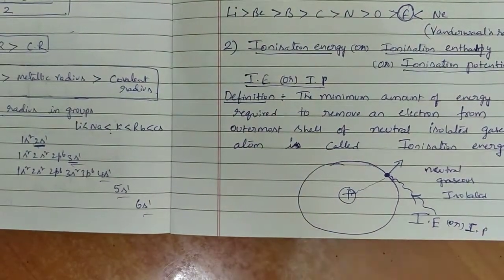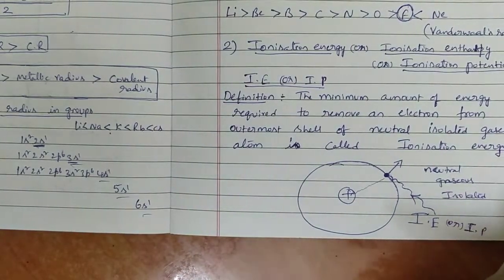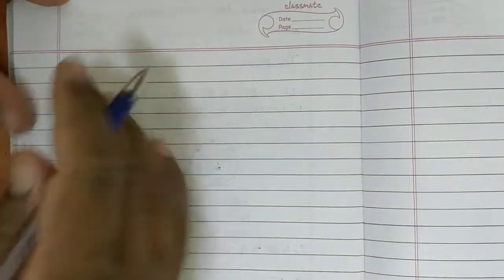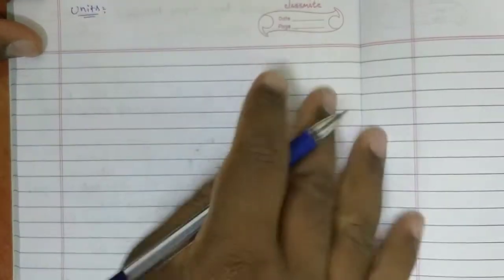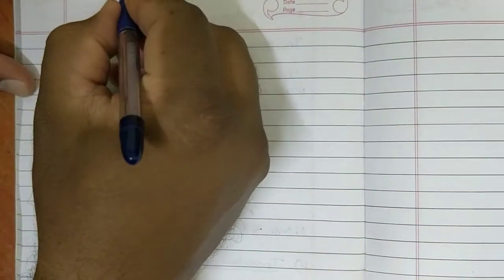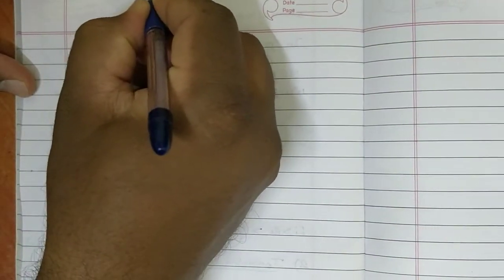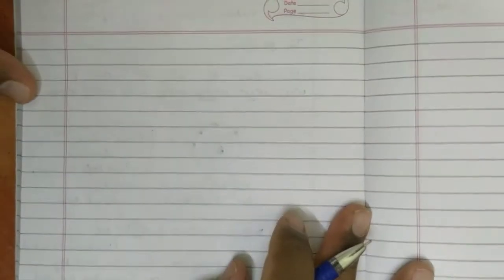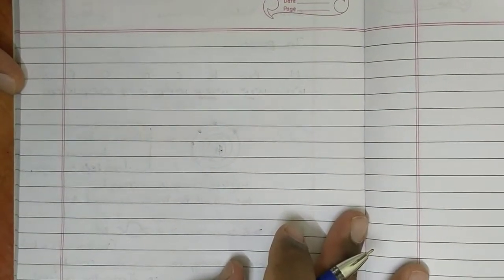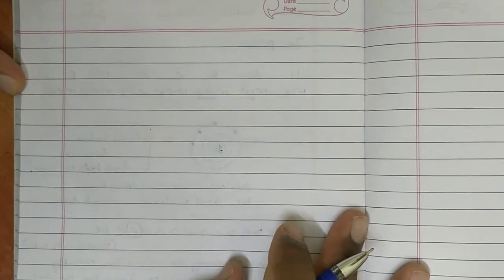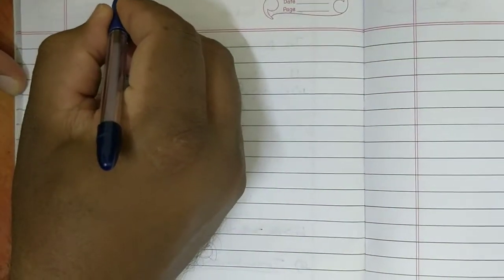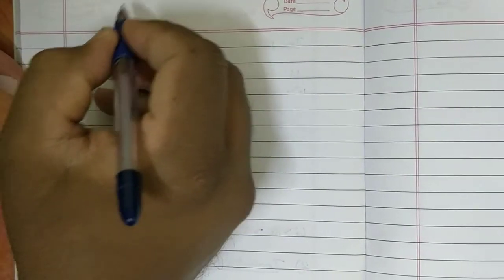Now we will see the units of this ionization energy. This is energy only, na? What are the units? Joules per mole. We cannot consider one atom generally, so 1 mole of atoms in gaseous state we will take. For that 1 mole of atoms, how much energy is required to remove 1 mole of electrons?